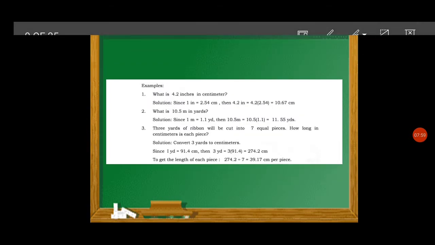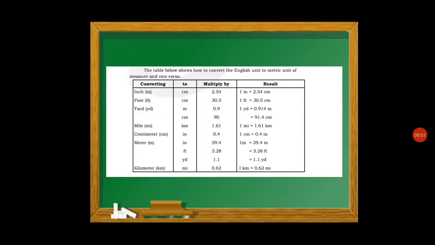So for the English system, to convert, you have to multiply. So inch to centimeter is 2.54. All you have to do is multiply the given inch by 2.54 to get the centimeter.